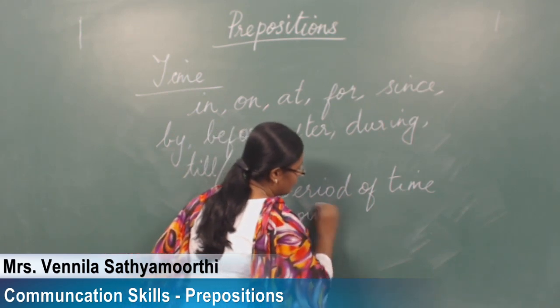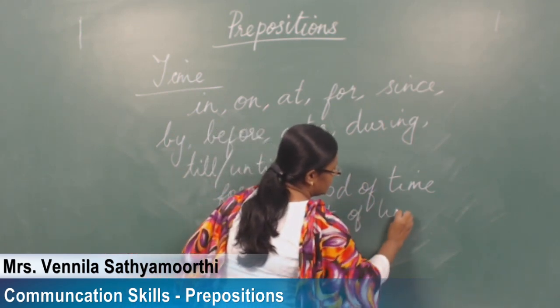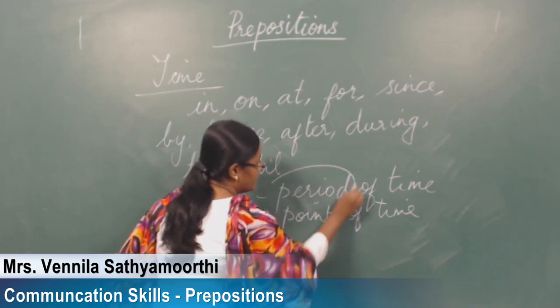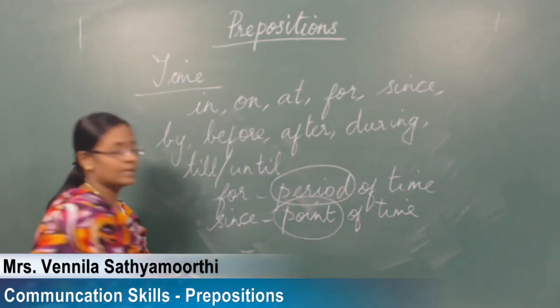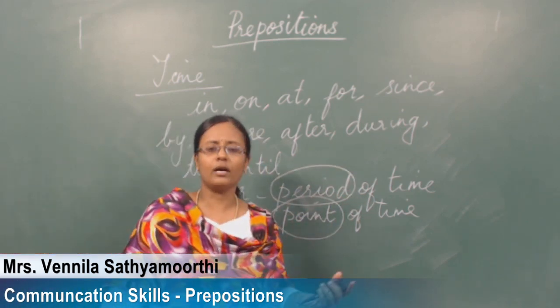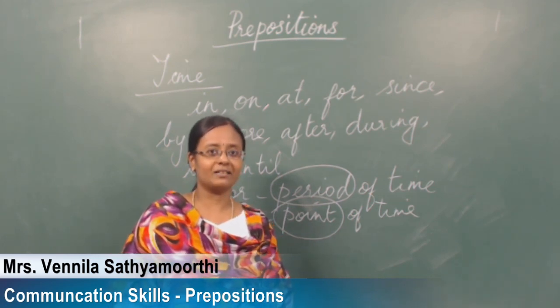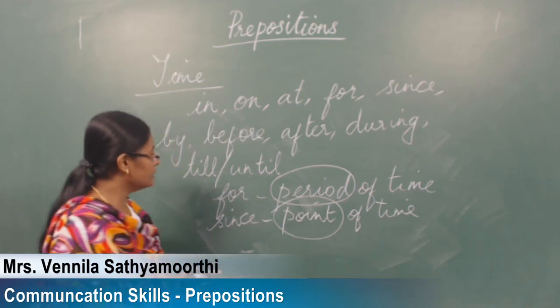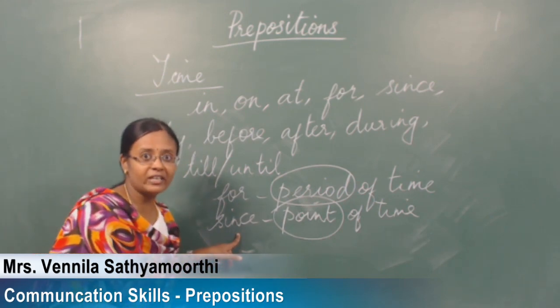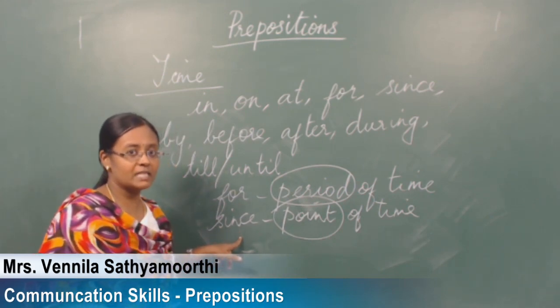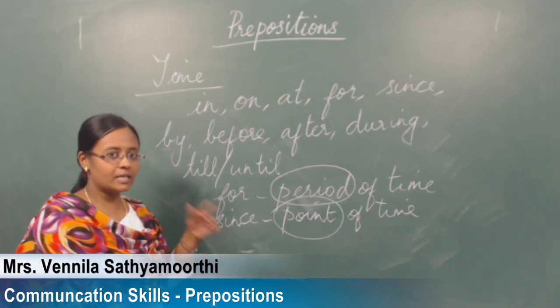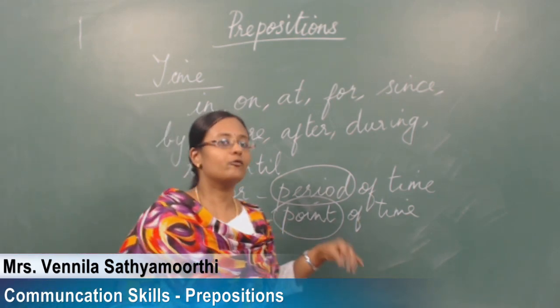Please note it down in your notebook. Here it's a period of time, this is a point of time. Suppose you ask somebody, how long have you been working here? Sometimes we hear people replying, I've been working here since 3 years. Now, was there a mistake? We cannot say since 3 years, it should be for 3 years.